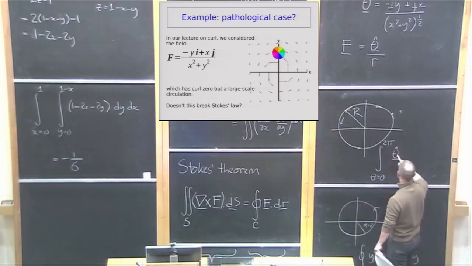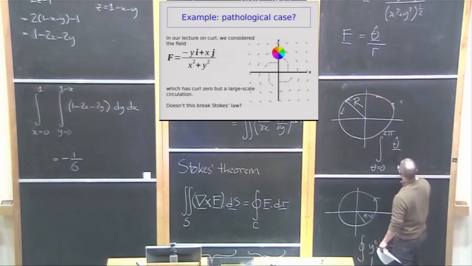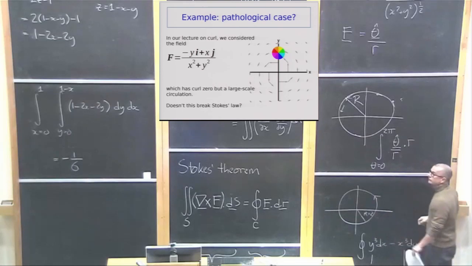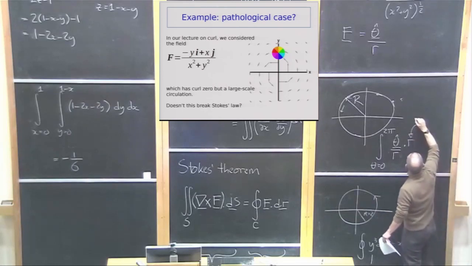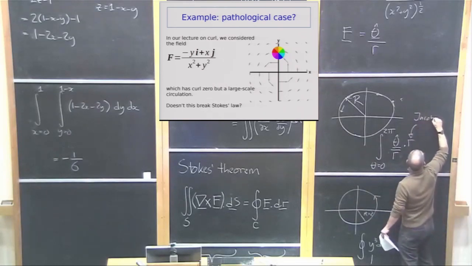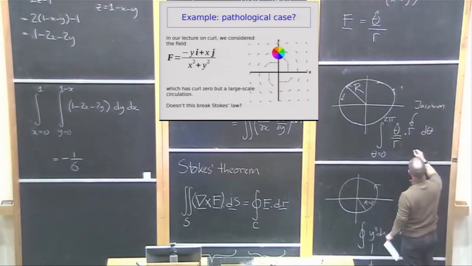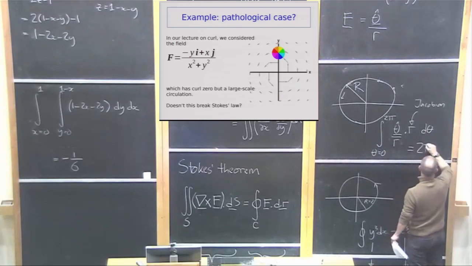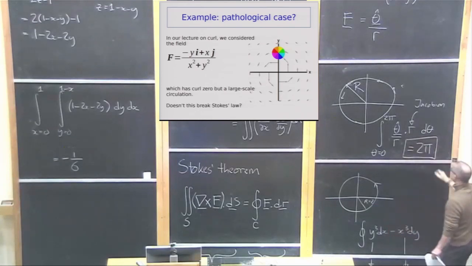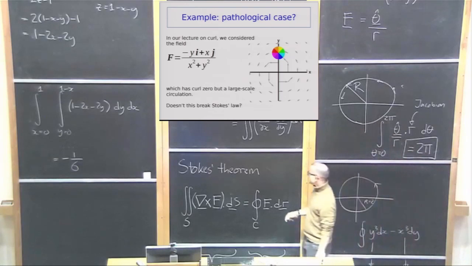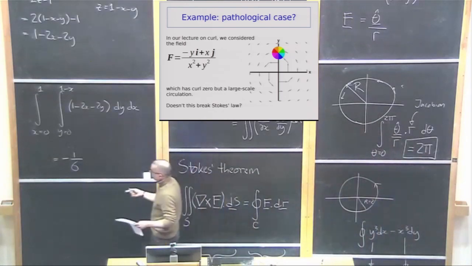My vector field is theta hat over r. I add in an r, which is the Jacobian, and I integrate with respect to d theta, and this then is 2 pi. So the line integral around the circular loop in this vector field is 2 pi, completely independent of the radius at which you do that loop.